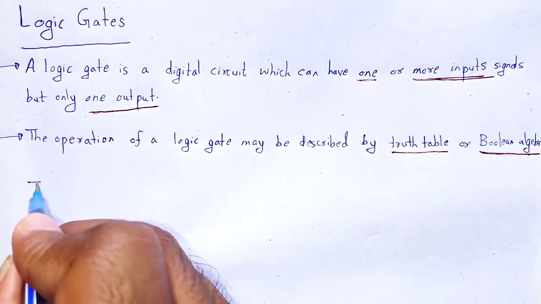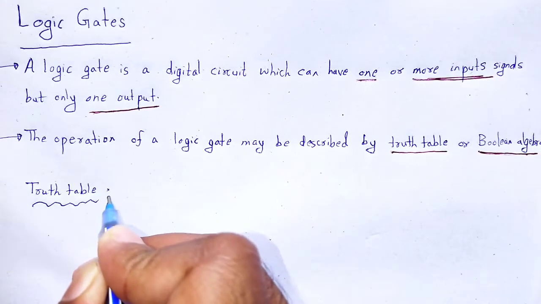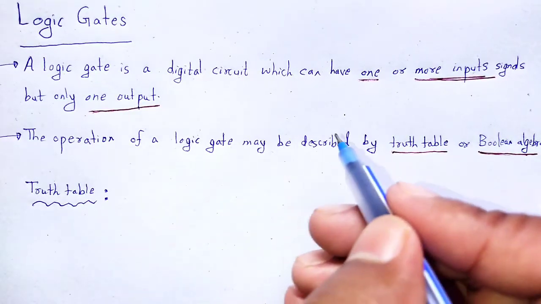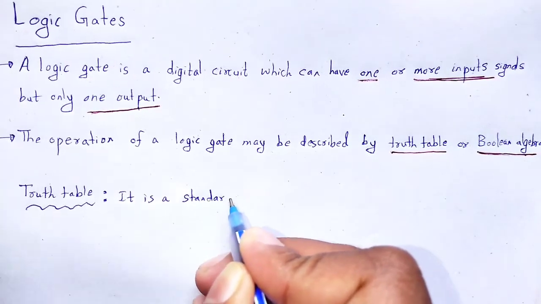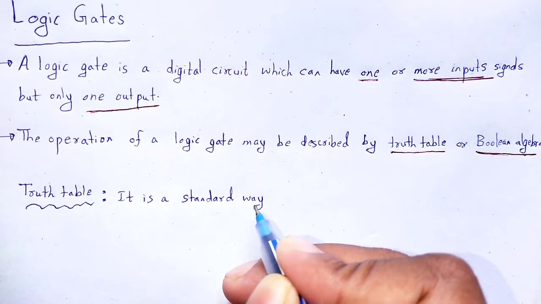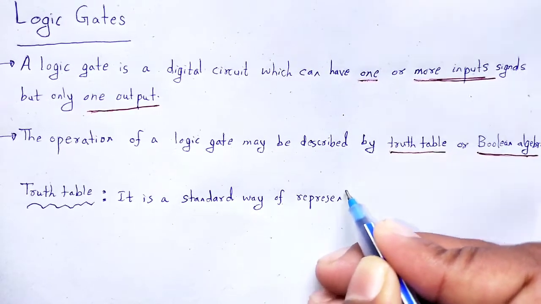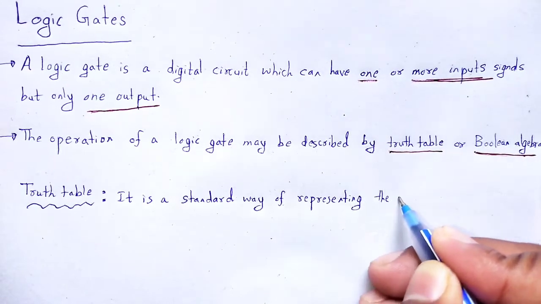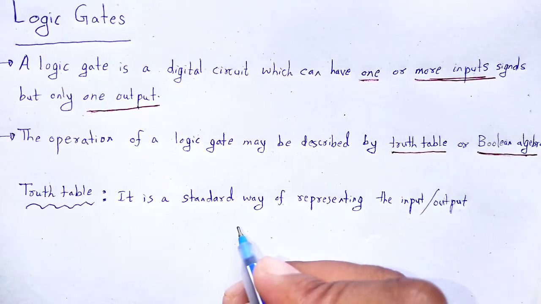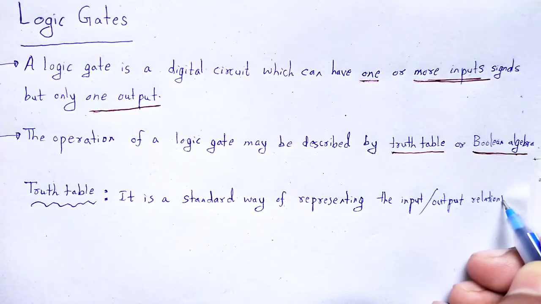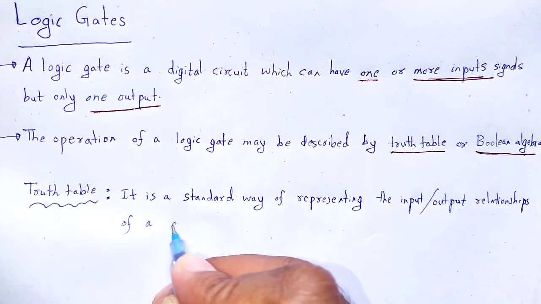So, the truth table is a standard way of representing the input and output relationships of a gate circuit.